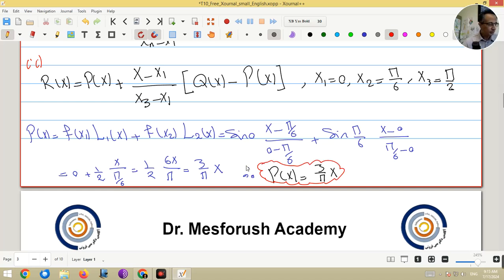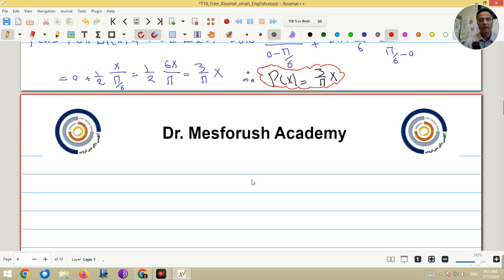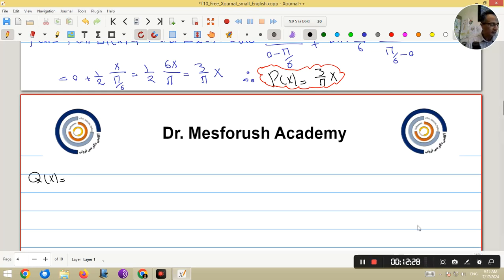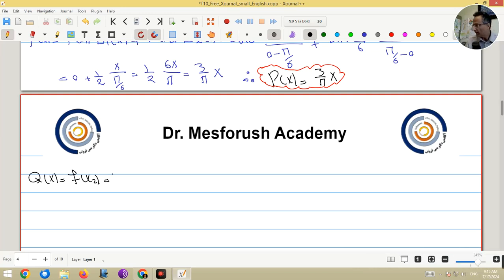Now we have to compute q of x. For q of x, we know that q of x interpolates f at x2 and x3, right? So q of x is equal, by the Lagrange interpolation formula, to f at x2 times L2(x) plus f at x3 times L3(x).